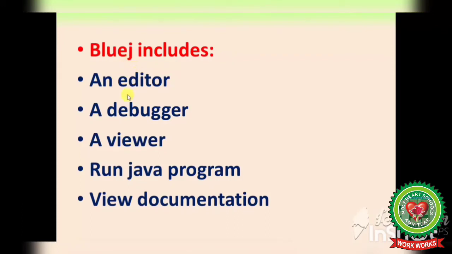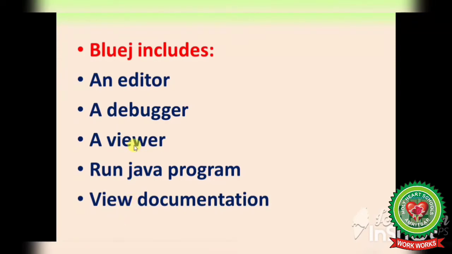Bluej includes an editor which you use to write your programs, a debugger which helps to find your mistakes, a viewer to see the parts of your program, an easy way to run Java programs, an easy way to view documentation.